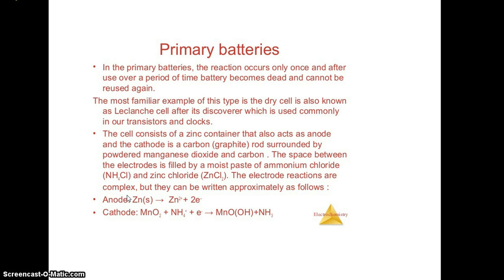The cell consists of a zinc container which acts as anode, and the cathode is carbon surrounded by manganese dioxide and carbon, and the space is filled with a paste of ammonium chloride and zinc chloride. The reaction in this cell is zinc oxidized to Zn2+, and at the cathode MnO2 plus NH4+ plus electron giving MnOOH twice.